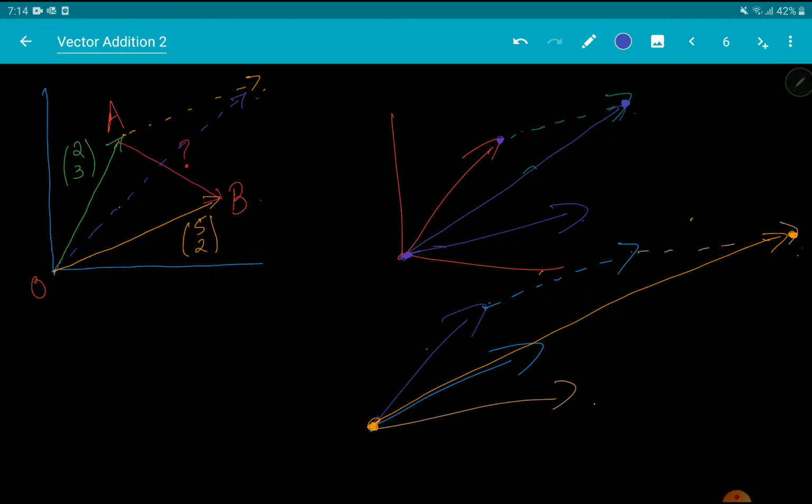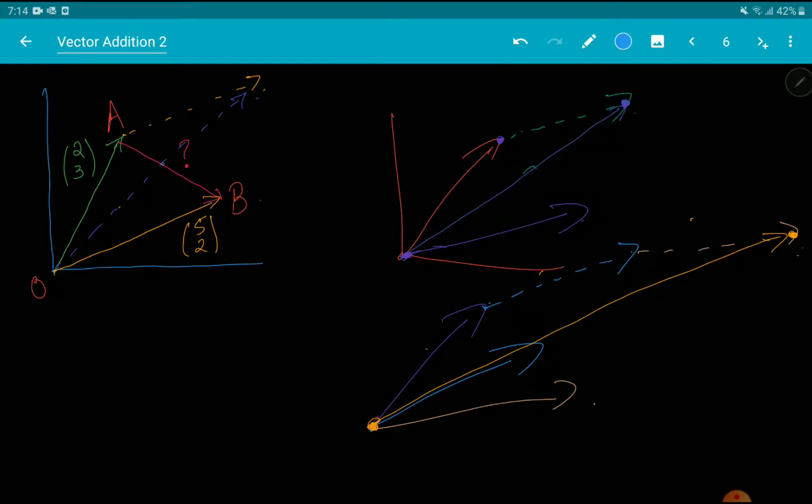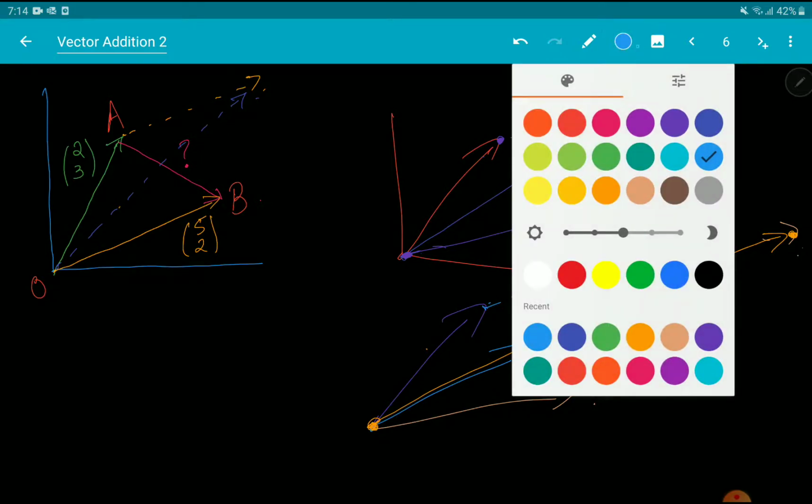It doesn't resemble AB at all, and even if we're not doing things to scale, you can see that this is wrong, because AB is facing diagonally downwards. It has a positive x component towards the right, but a negative y component. And if you add OA and OB, the resultant would have a positive x component and a positive y component. So that's definitely not gonna work, right?